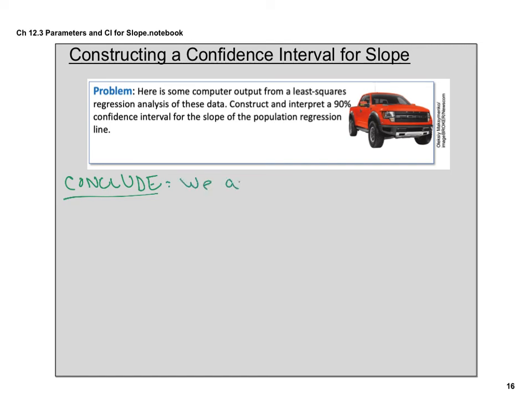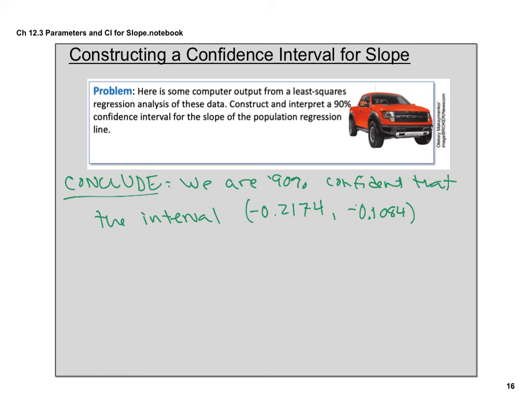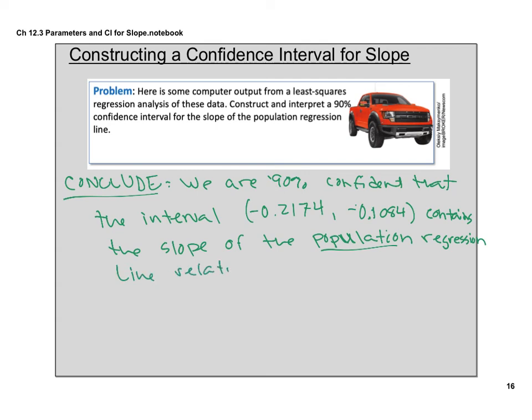So we are 90% confident that the interval, and then list the interval, negative 0.2174 to negative 0.1084, captures or contains the slope of the, important word here, population, because we're always doing confidence intervals for populations, regression line relating, and then list your variables.